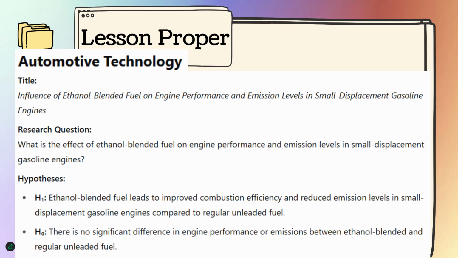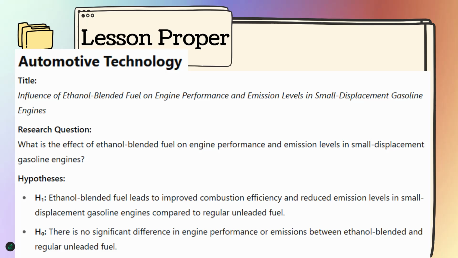The hypotheses are the alternative, ethanol blended fuel leads to improved combustion efficiency and reduced emission levels in small displacement gasoline engines compared to regular unleaded fuel. And the null hypothesis, there is no significant difference in engine performance or emissions between ethanol blended and regular unleaded fuel.